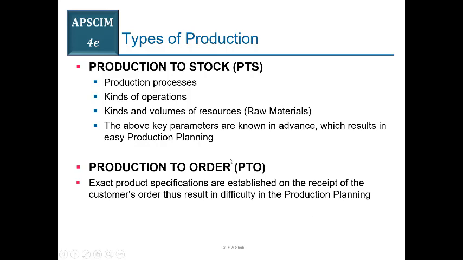So it needs time. So that is why within the market you will see above 90% industries that will work under the PTS philosophy. So ये दो philosophies जो है वो आपने ध्यान में रखनी होगी, प्रोडक्शन टू ऑर्डर है या प्रोडक्शन टू स्टॉक है.